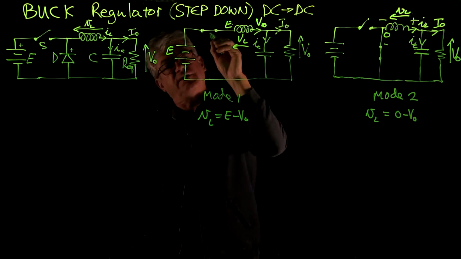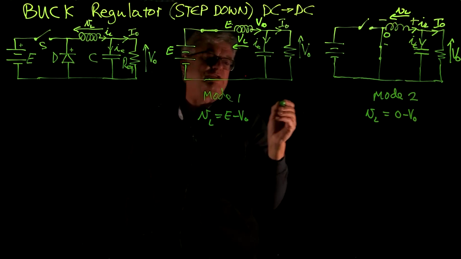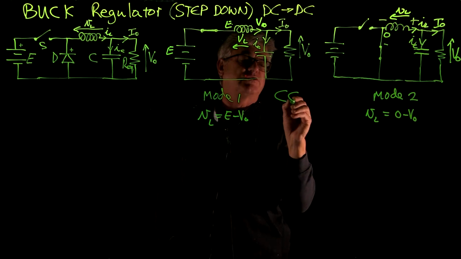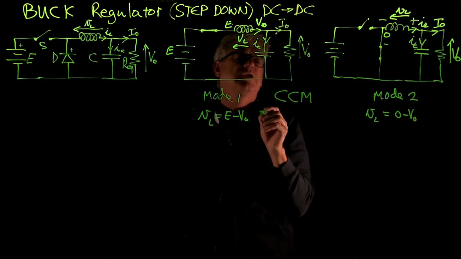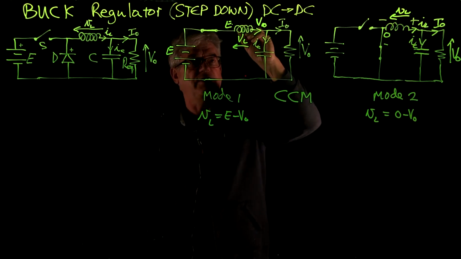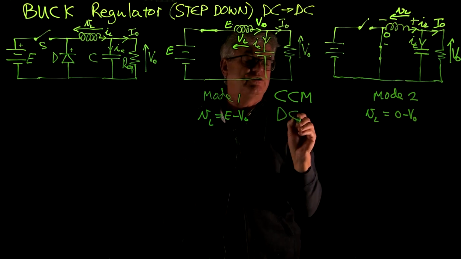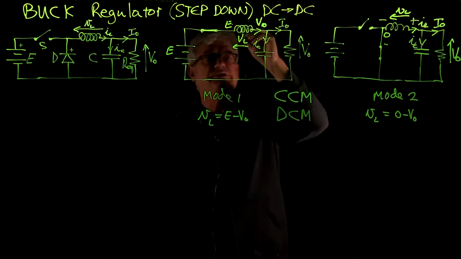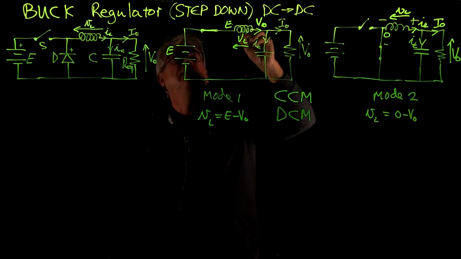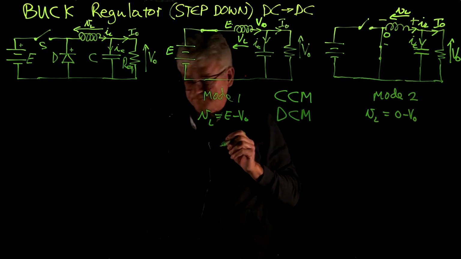Now there are two ways that we can operate the switch. The one is the continuous conduction mode, and this refers to that there is continuously current flowing in the inductor. The other one is the discontinuous conduction mode, which means that there are sections in which there is no current flowing through the inductor.